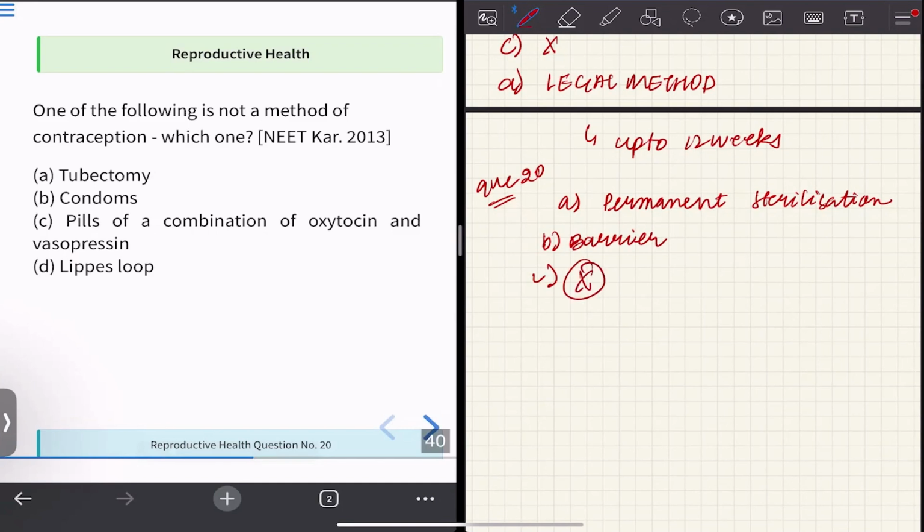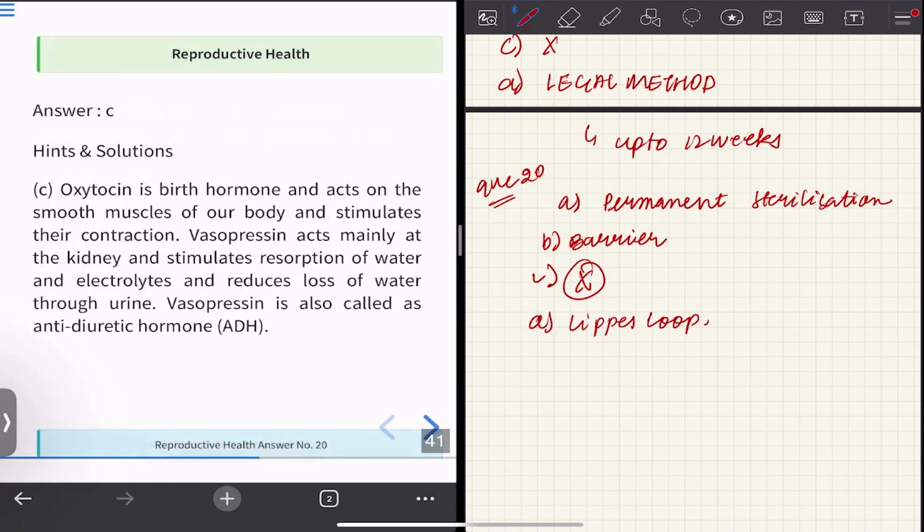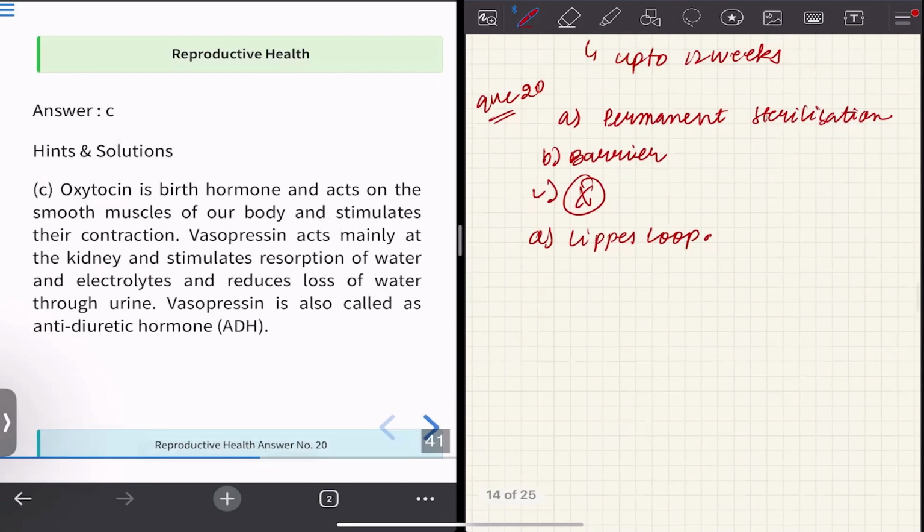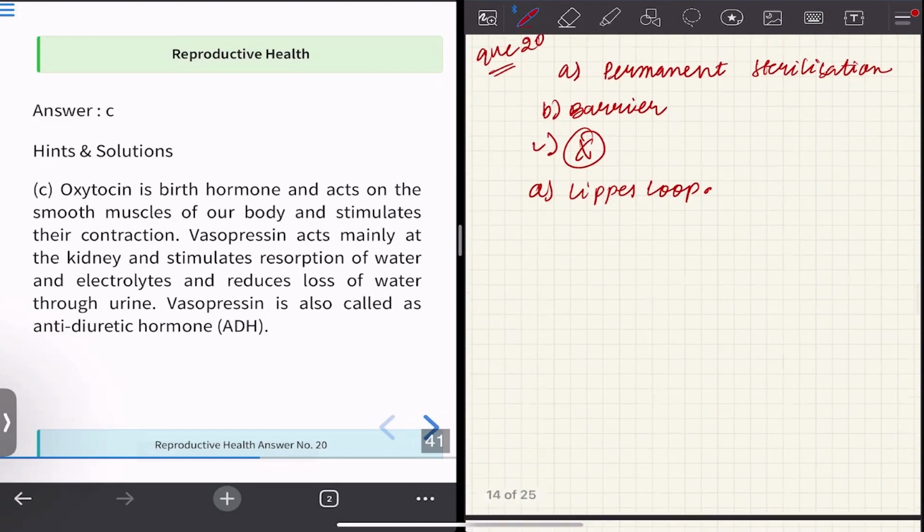These are not actually any method of contraception. And D, we have Lippes loop, which is also a method of contraception. So oxytocin is a birth hormone. It causes contraction of muscles, and it is given during parturition. So it acts on the smooth muscles of our body, and it stimulates their contraction. Okay, and vasopressin has no role.